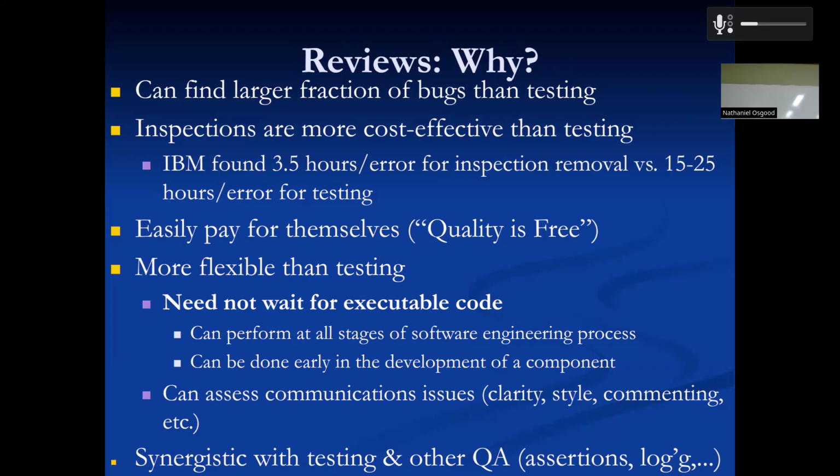Because peer reviews take time. Their program requires 2 people instead of 1, right? Formal inspections require a bunch of people to come together for an hour or 2, and it may seem, why is it that they can actually be more efficient than testing?